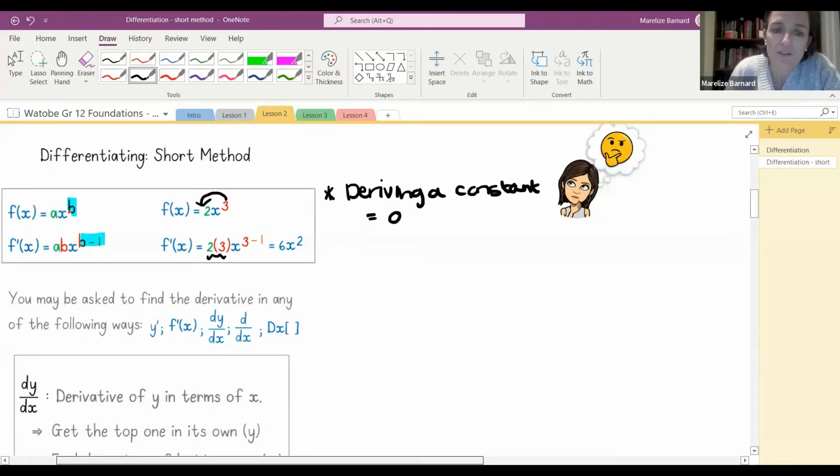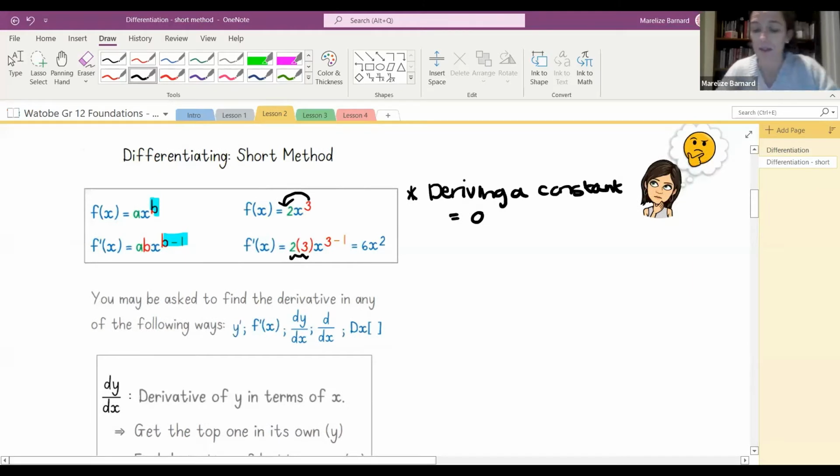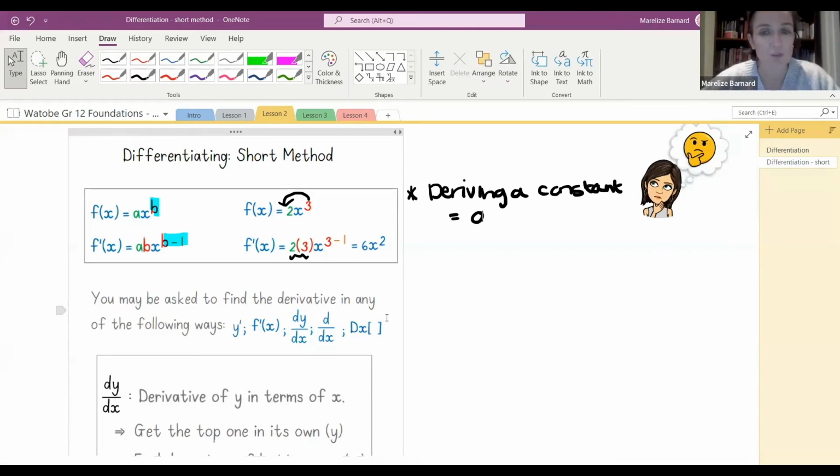The other thing we have to keep in mind is that if we have a polynomial, so lots of terms in an expression, we're going to differentiate each of those terms separately. Also very important, when we differentiate, we don't differentiate one term and not the other term. If it is a polynomial, we differentiate all the terms at once.